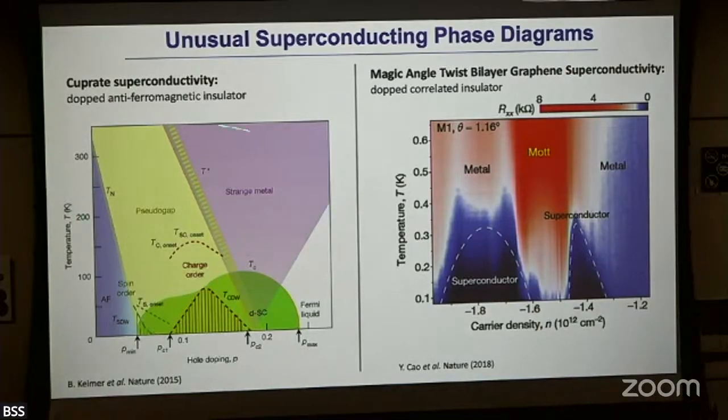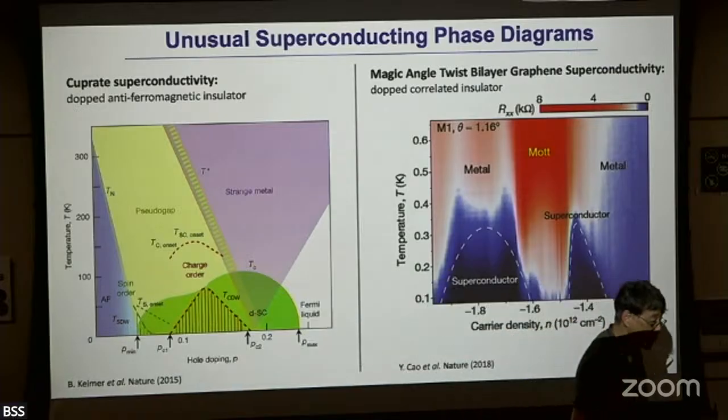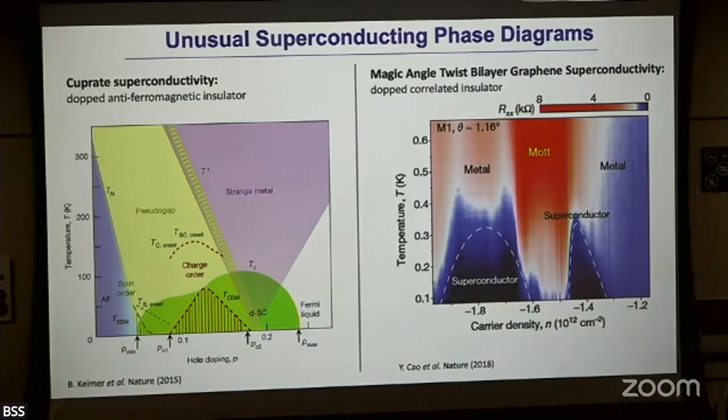It has been argued, or multiply shown, that the superconductivity in cuprates is unconventional. So one interesting argument we want to make is whether the superconductivity in twisted bilayer graphene is unconventional in an analogous way.